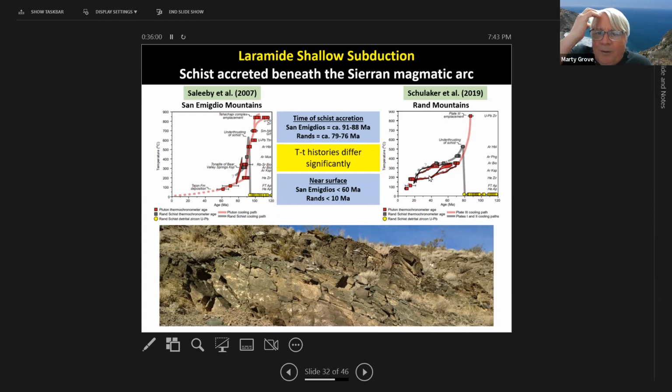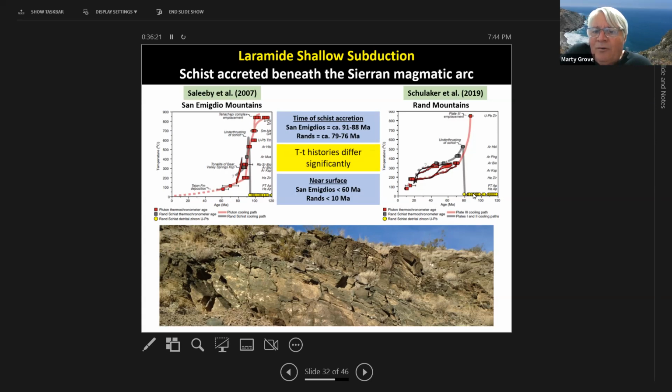So as you can see, we have a number of tectonic units in here, a stack series from the underplated Rand schist all the way up to shallower parts of the overlying continental margin arc. Shown in gray are results from the underplated Rand schist.